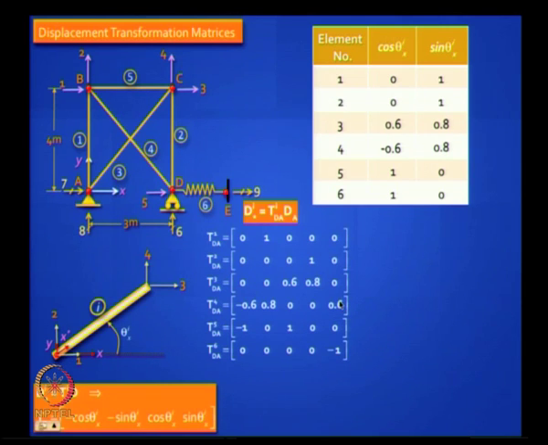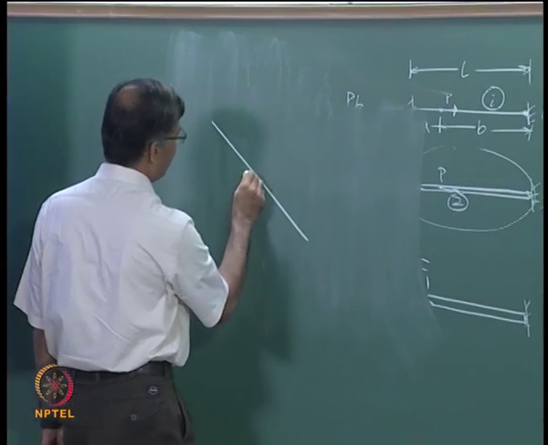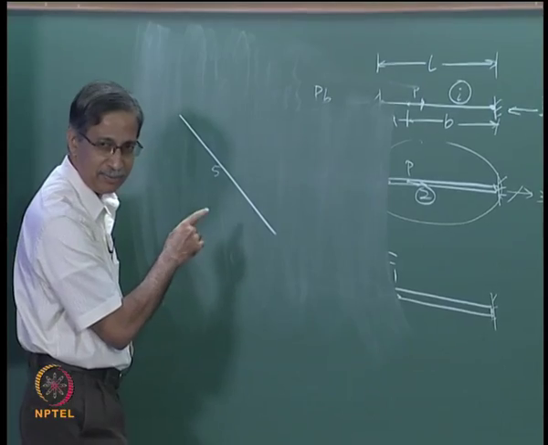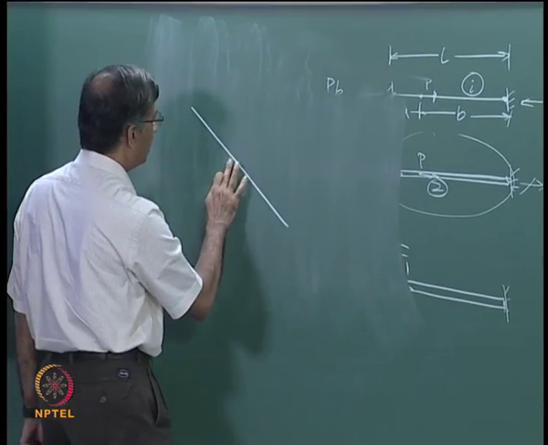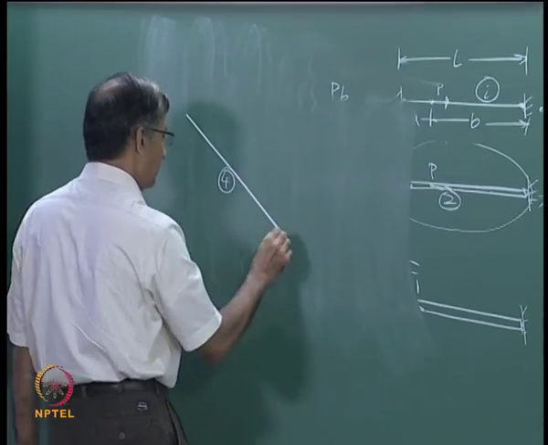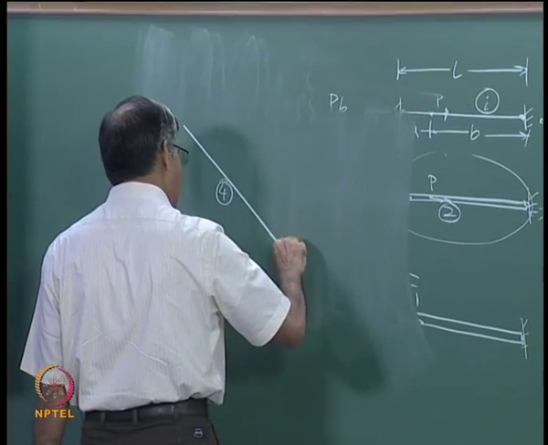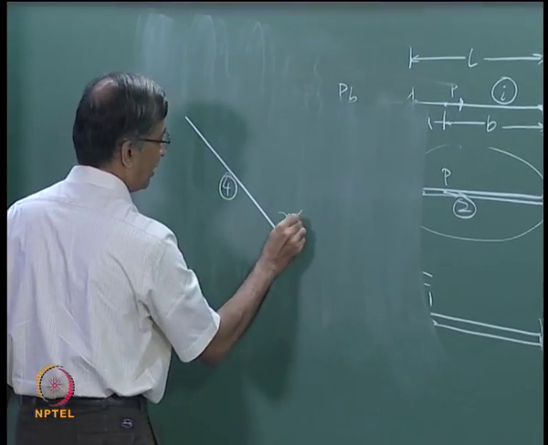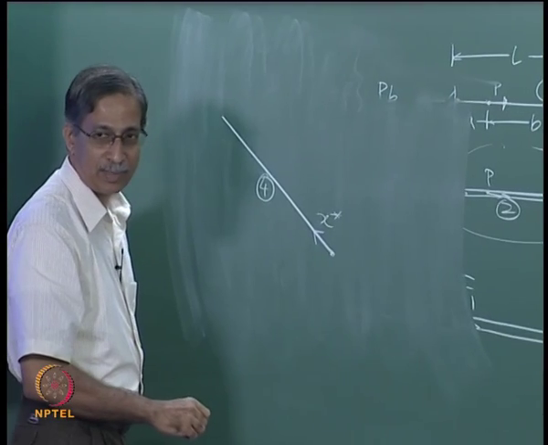Didn't get it? Okay. Careful, listen carefully. Let me explain on the board. This is the only tricky thing. Once you've got this, everything will move smoothly. This was the element number 4.